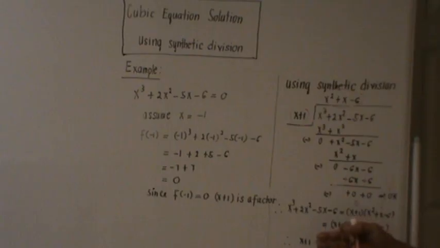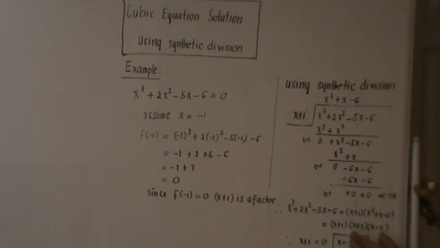So by using factoring, the resulting quadratic equation x squared plus x minus 6 is now factorable to the linear equations x plus 3 times x minus 2. So the resulting product of x plus 1 times x plus 3 times x minus 2 is the given cubic equation.